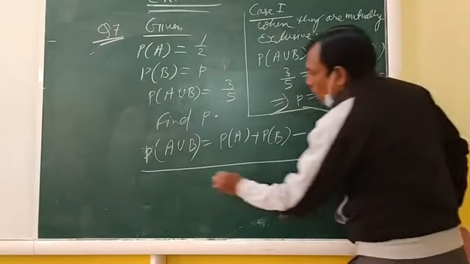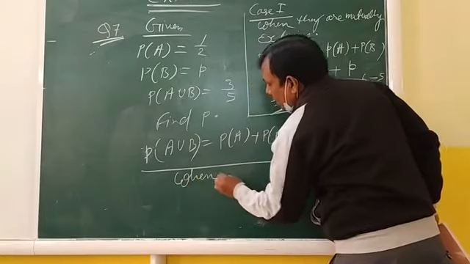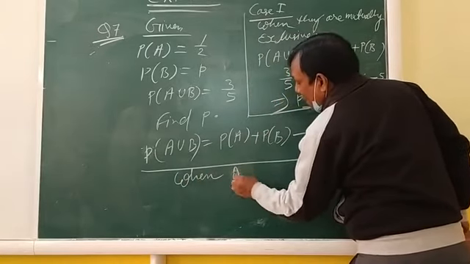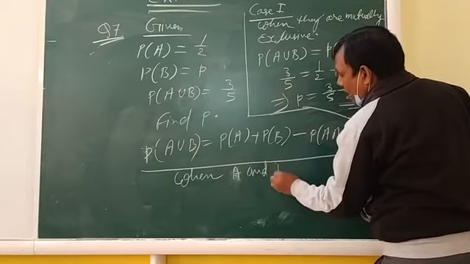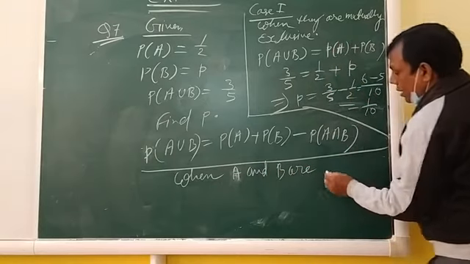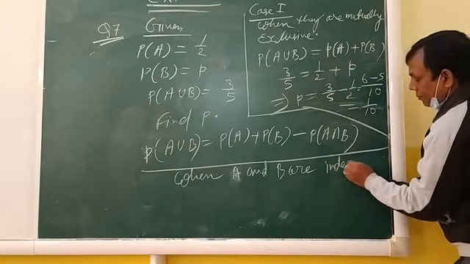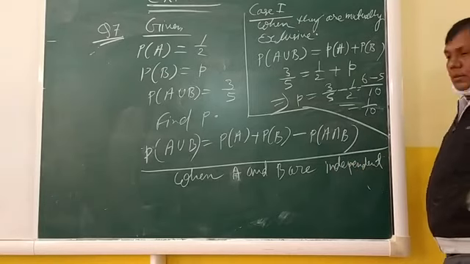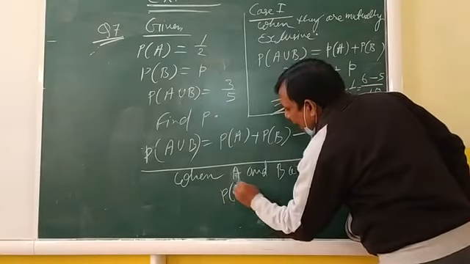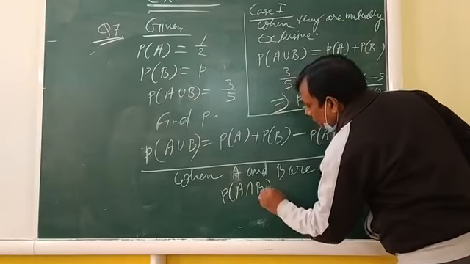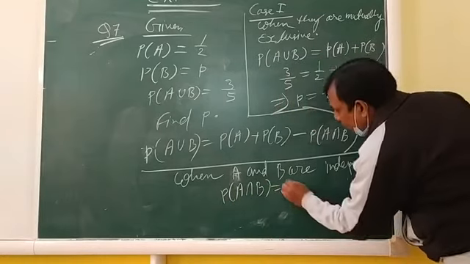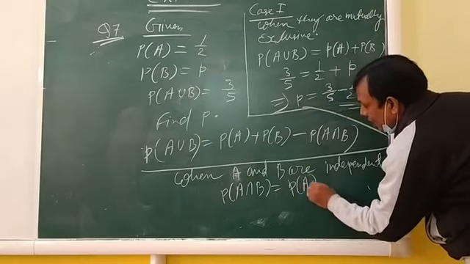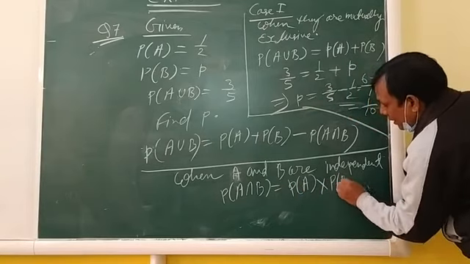When A and B are independent, then P(A intersection B) equal to P(A) into P(B).